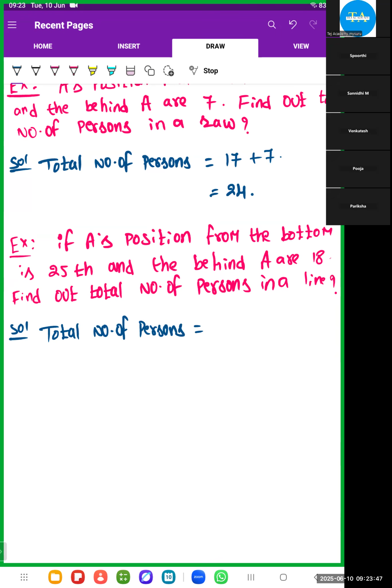Here the person position is 25th and the difference is 18, so 43 is the answer. Any doubt?